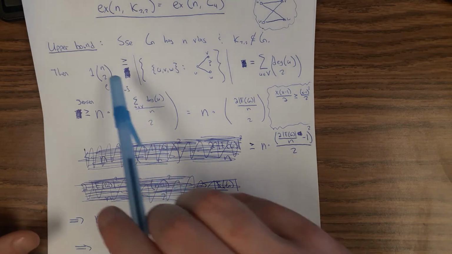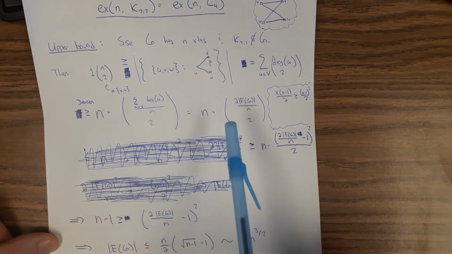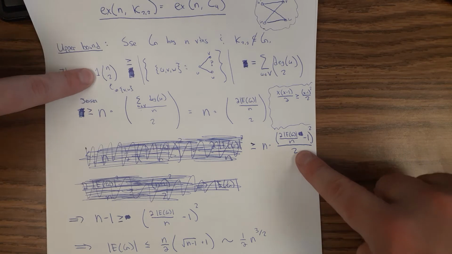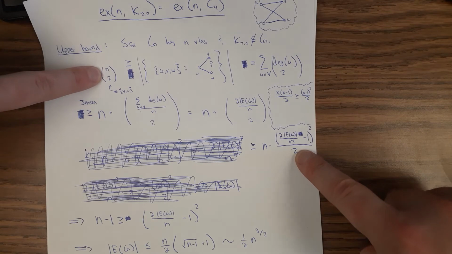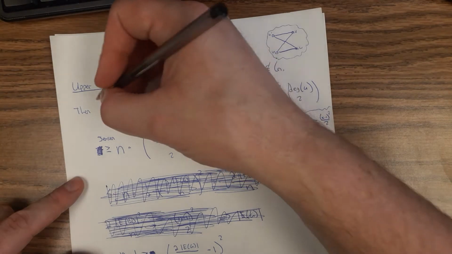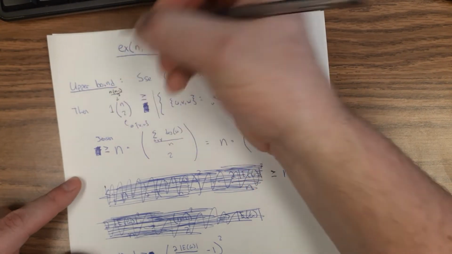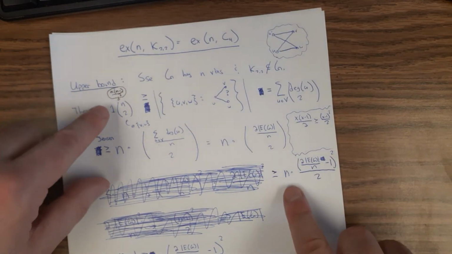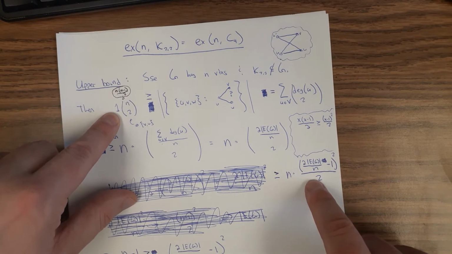All right, and we put this together. So what do we know? We have this string of inequalities, but ultimately we know that this one is greater than or equal to this one. So, okay, I'm going to do some algebra here. This thing where my left finger is pointing, that's n times n minus 1 over 2. I can cancel an n, and I can cancel the 2 from the bottom.